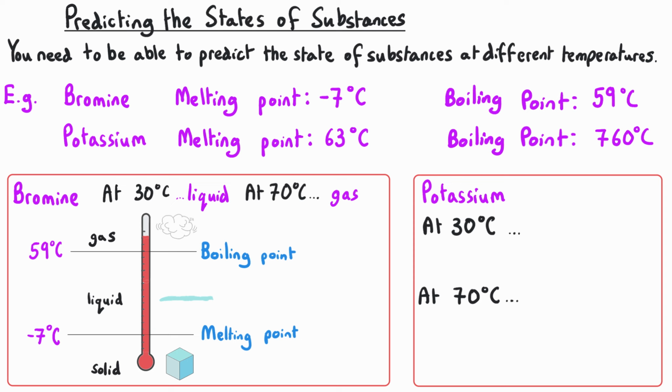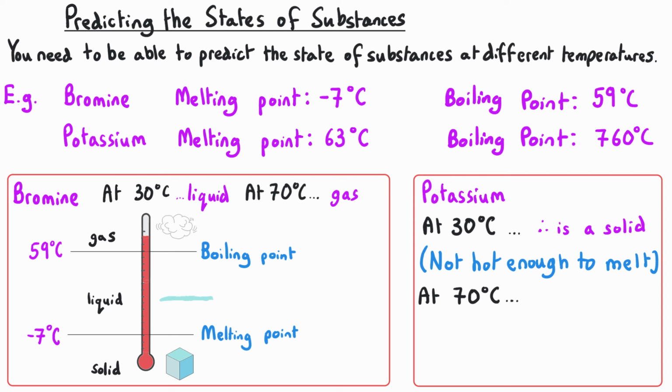Well, the question we need to ask ourselves is: is this hot enough to melt potassium? Well, no, it's not hot enough because the melting point is 63 degrees C, which means that potassium won't melt until we exceed that temperature. And so that means that potassium will be a solid. It isn't hot enough to melt at that temperature.